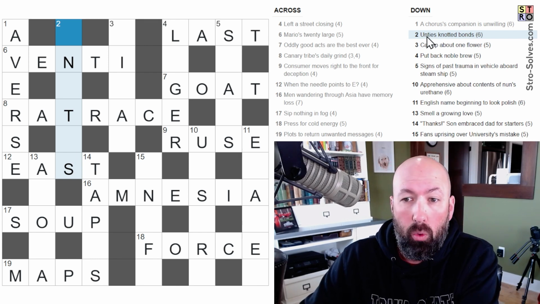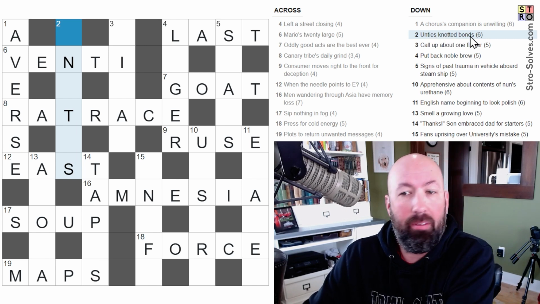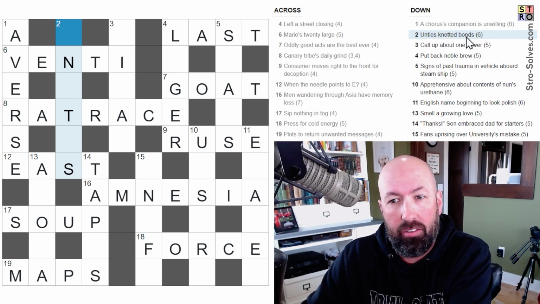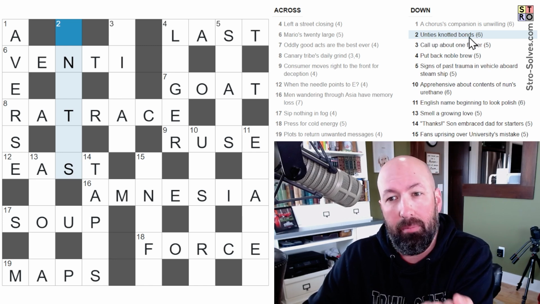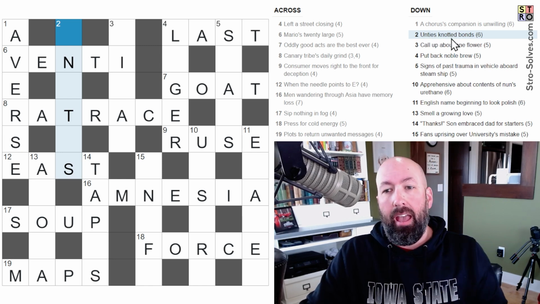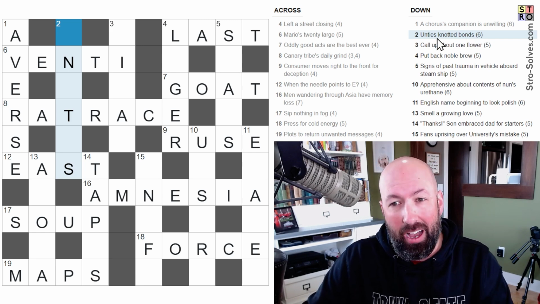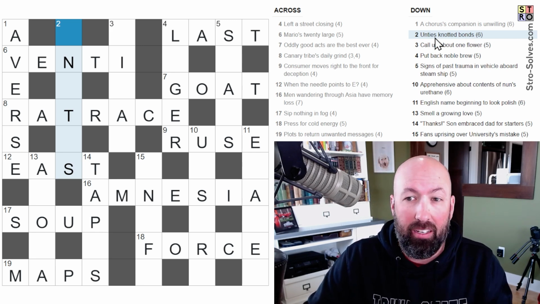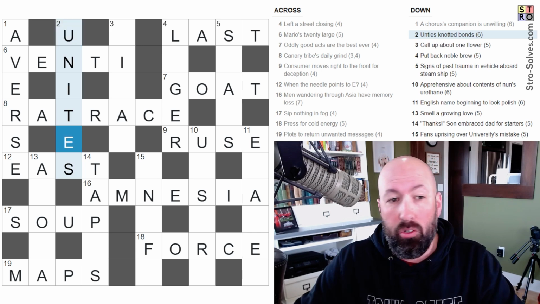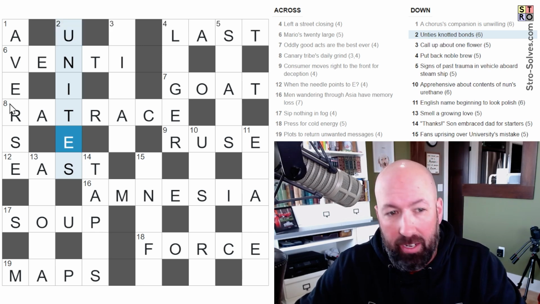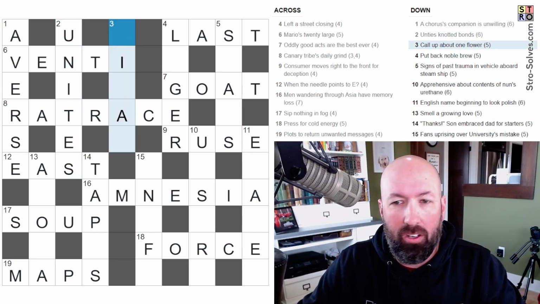So in this one, it could be that unties is the definition and we're anagramming the word bonds, right? Knotted bonds. Or it could be unties is the word being anagrammed and bonds is the definition. And given that the answer is 6 letters long and bonds is only 5, it's probably unties and it's a word that means bonds. And in fact, it is unites. We're not even really anagramming this very much. We're just switching 2 letters. So that is all that's going on with that one.